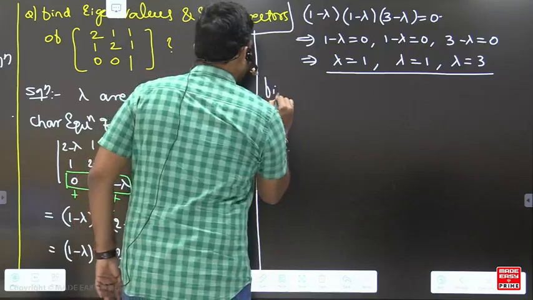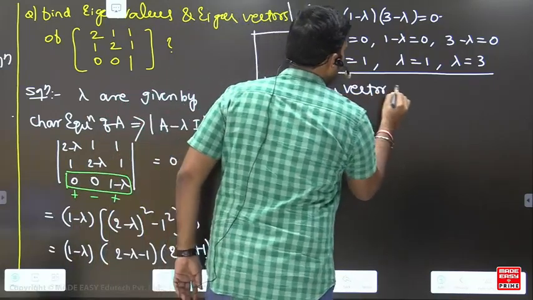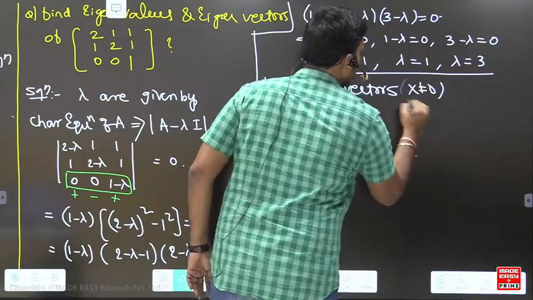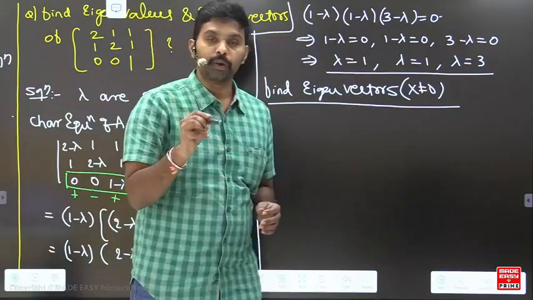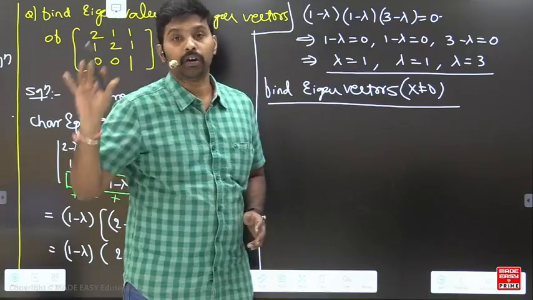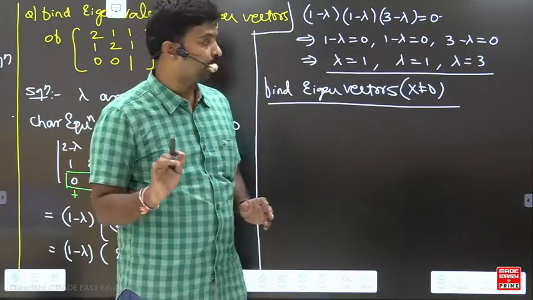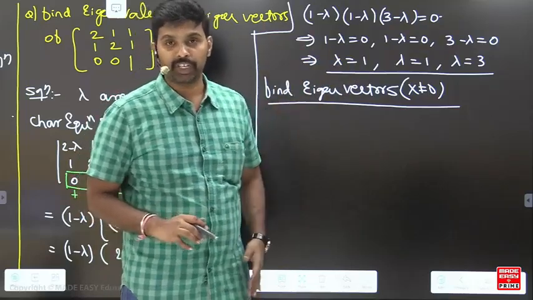Okay, now we have to find the eigenvectors. So let us find the eigenvectors x not equal to 0. Right. Dear students, I told you, as per the definition, for each eigenvalue we will find the eigenvectors. Therefore, for every lambda you have to find the eigenvectors.